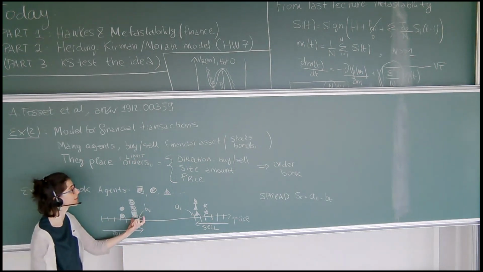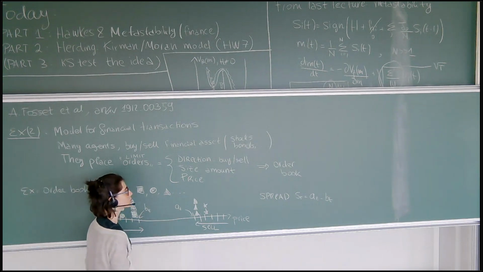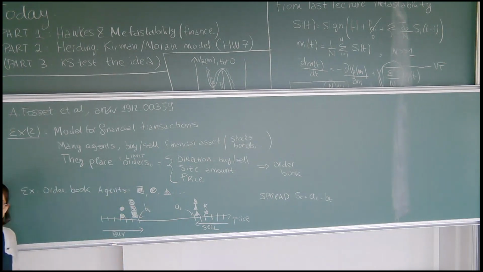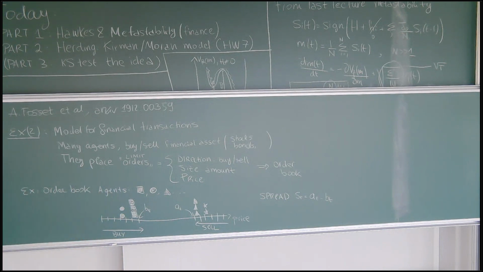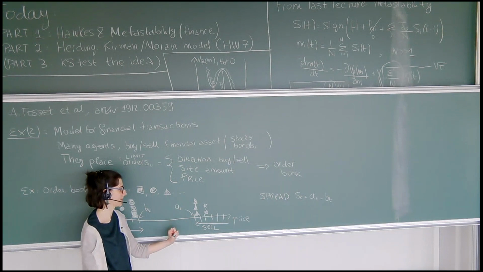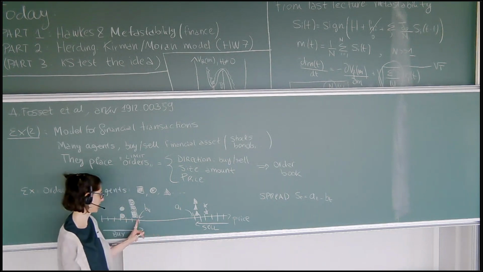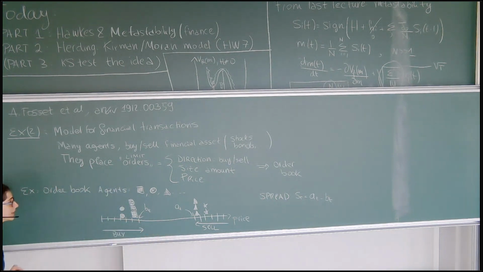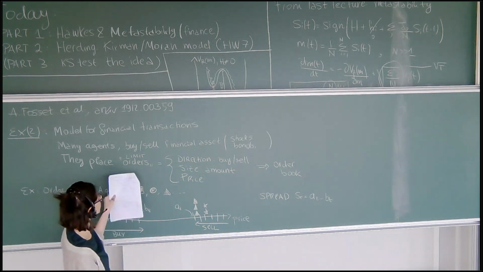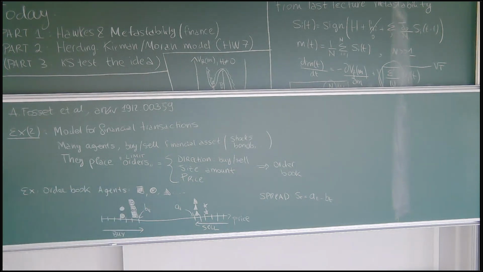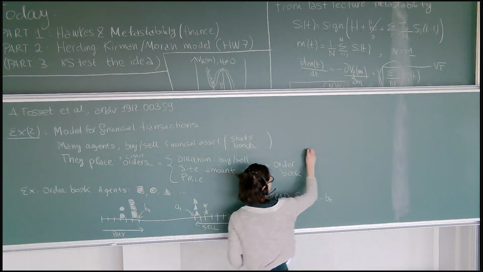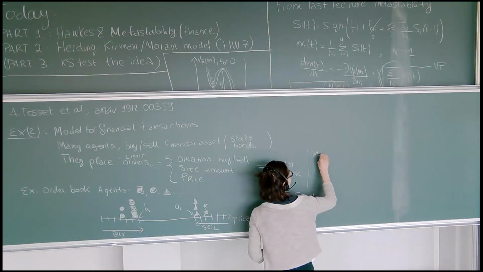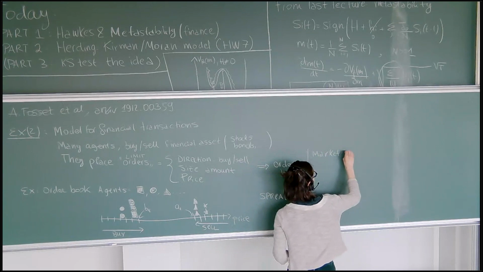So there will be people that say, I really want to sell as fast as possible 3 units of this financial asset at the best price at which I find people to buy. And these type of orders, which are executed immediately, are called in this financial language market orders.